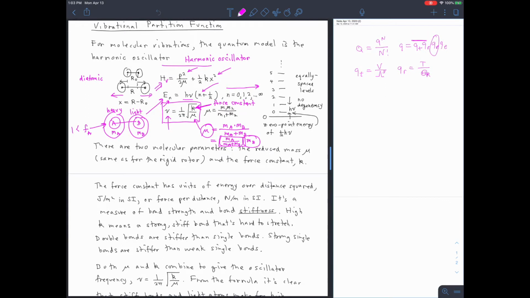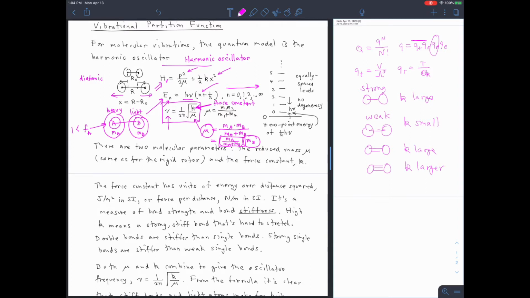If I have a strong bond, let's say a strong single bond, then kappa will be large. And if I have a weak single bond, then kappa will be small. If you have a double bond, then kappa will be large. And if you have a triple bond, like for N2, then kappa will be even larger.